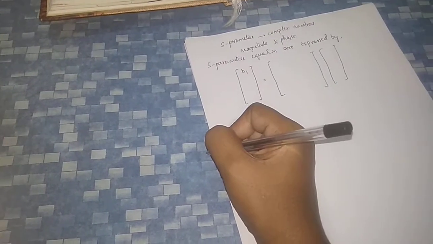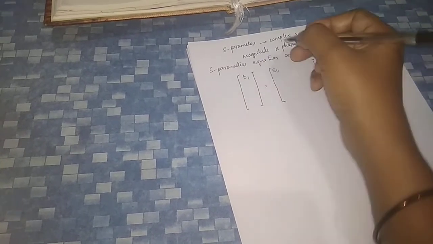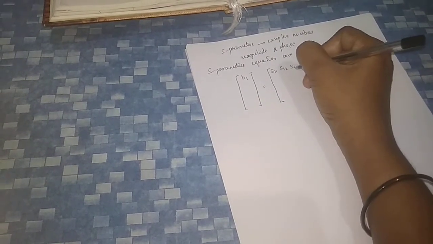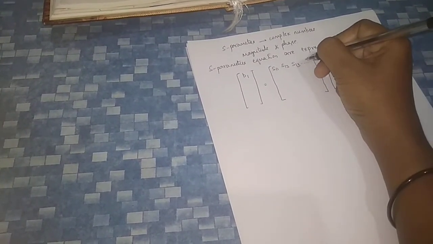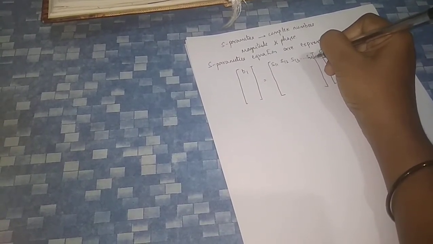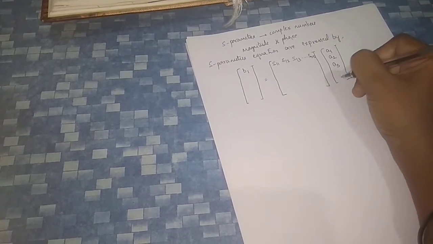B1 is equal to S11 into A1 plus S12 into A2 plus S13 into A3. So this can be extended up to S1n multiplied by An.